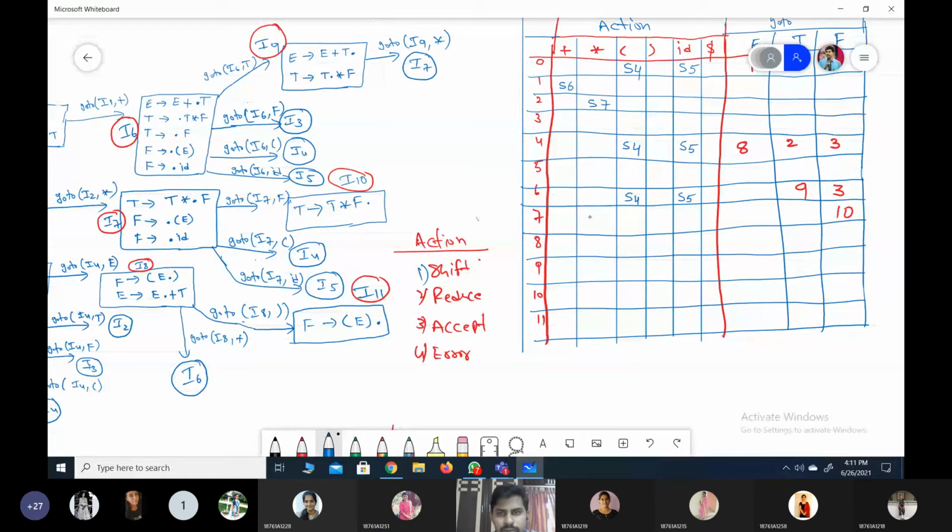I7 state on open parenthesis is S4, and I7 on ID is S5. Next, I8 state.